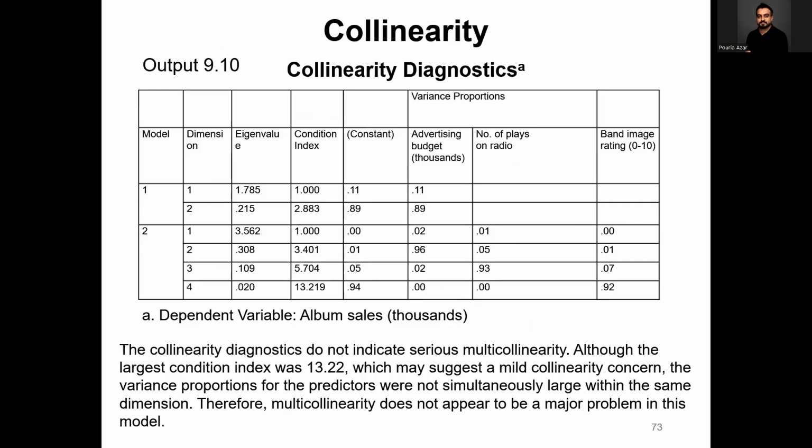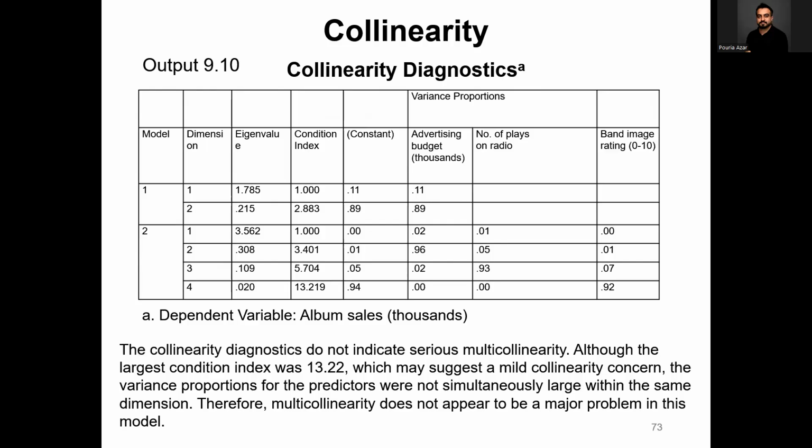So this is a collinearity diagnostic. This is another way of checking for multicollinearity issues. Here, I can look at the condition index, and also I can look at the different values in each row for my predictor variable.